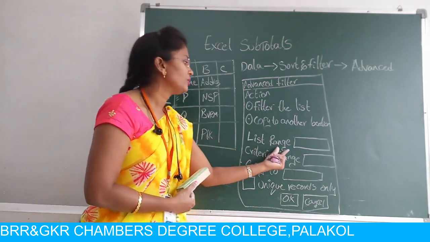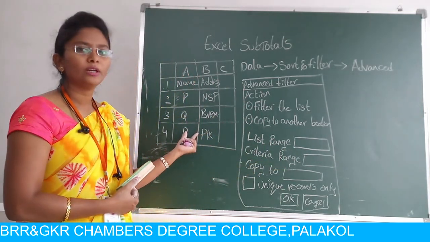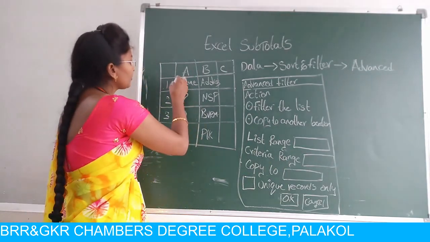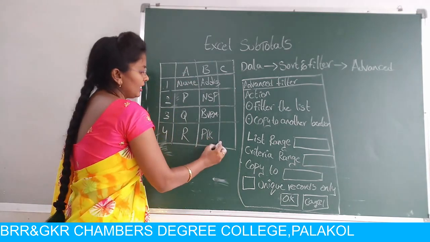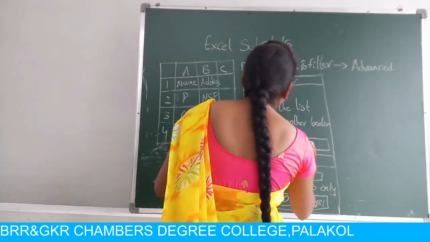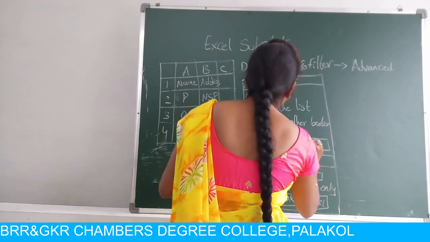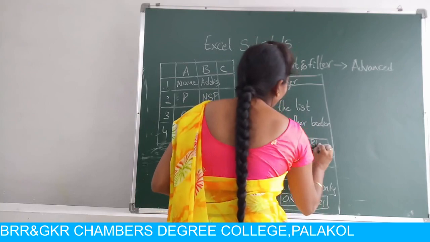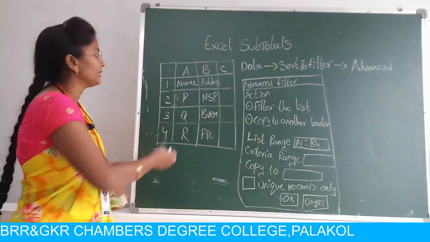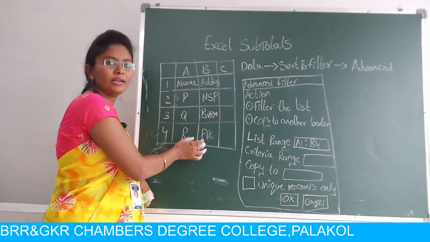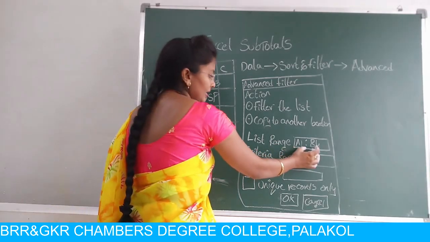The list range will be displayed according to the data you have taken in the Excel sheet. And then I'm selecting this data up to here. That means the list range will be displayed here as A1 to B4. That means I'm selecting this data from cell A1 to cell B4. That reference will be displayed in the list range.